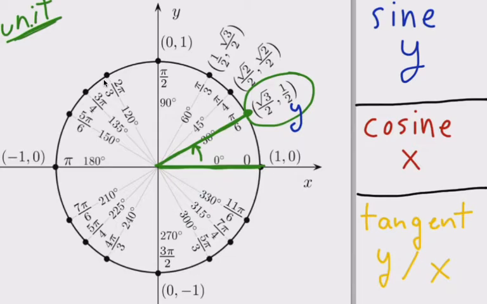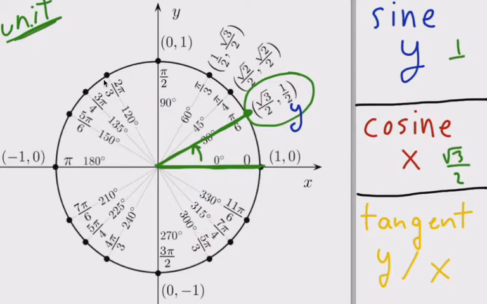So for example, if we have a 30-degree angle, the cosine of this would be the x value, which is the square root of 3 over 2. The sine of this, we look at the y-coordinate, would be a half. And then for the tangent, we have to divide those two numbers.